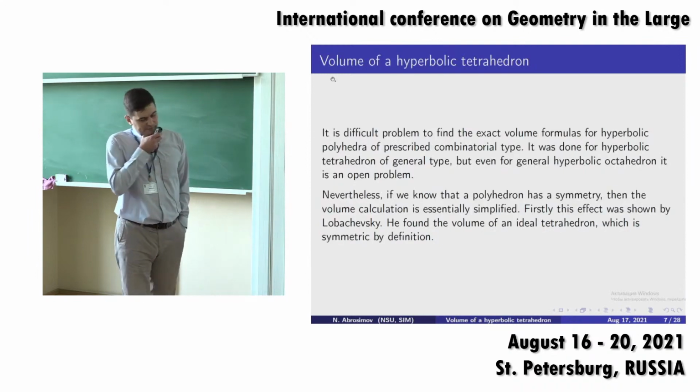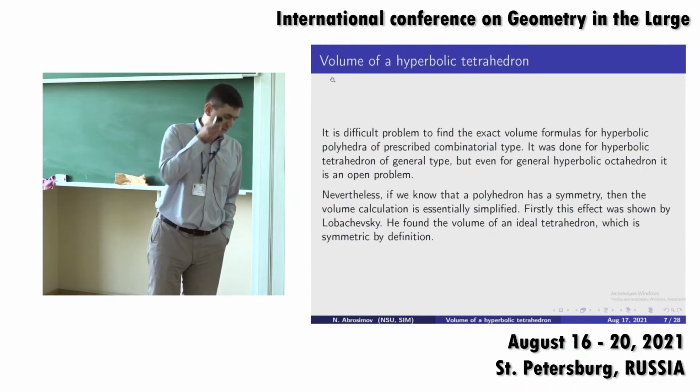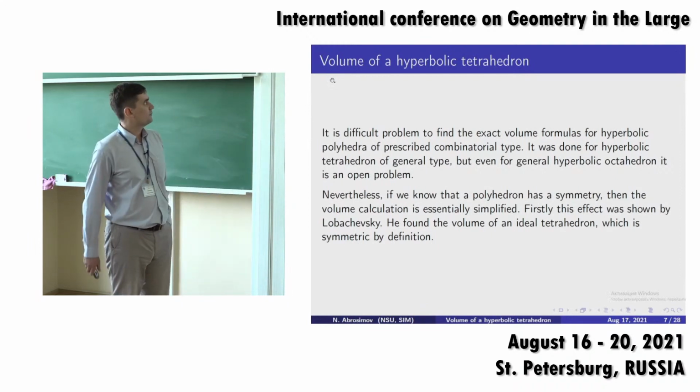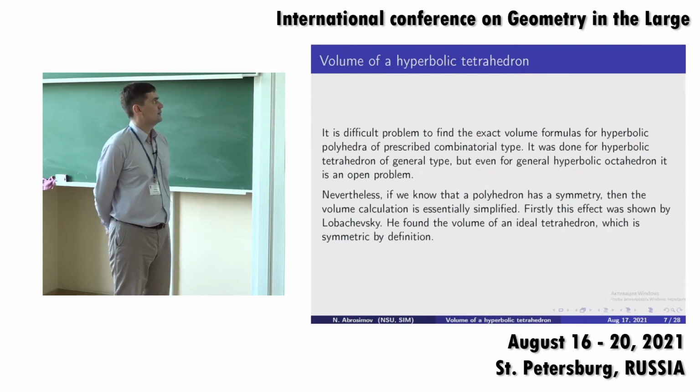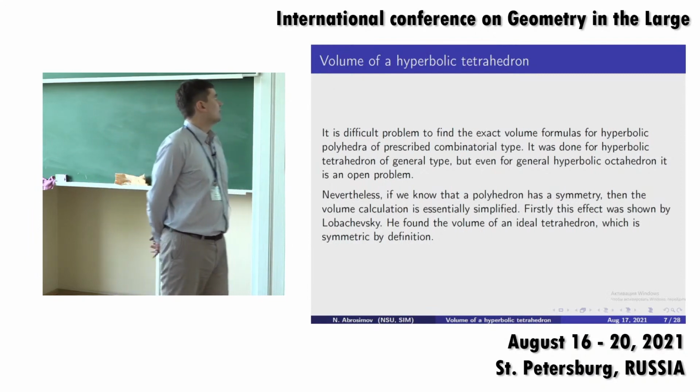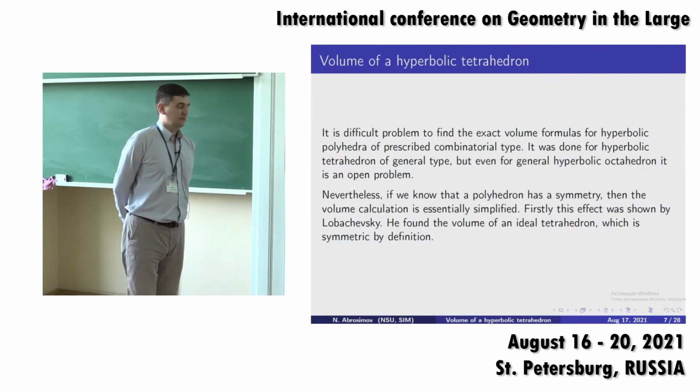Well, it is a very difficult problem. I mean, in the most general formulation, it's a difficult problem to find the exact volume for a hyperbolic polyhedron of prescribed combinatorial type.